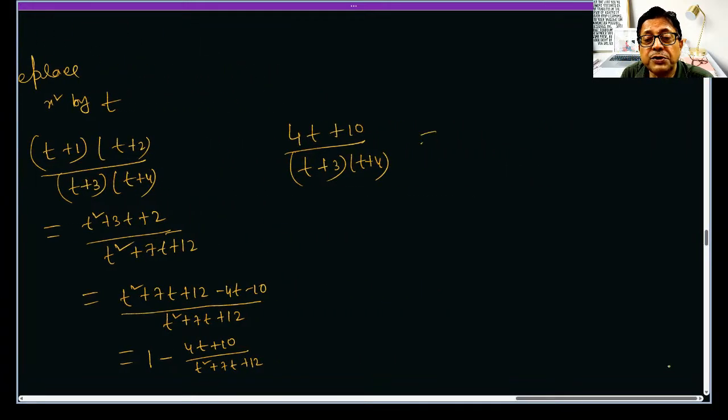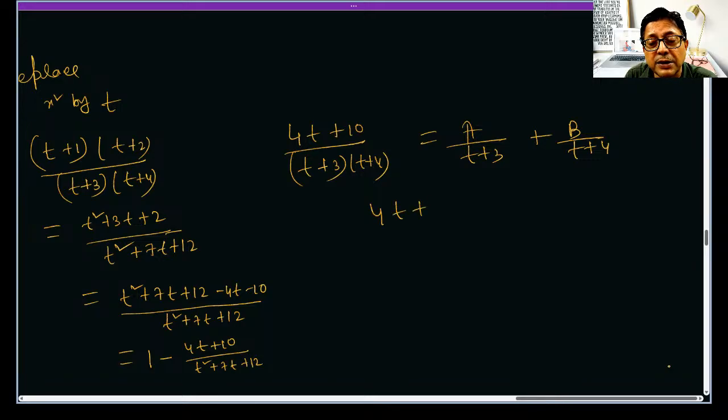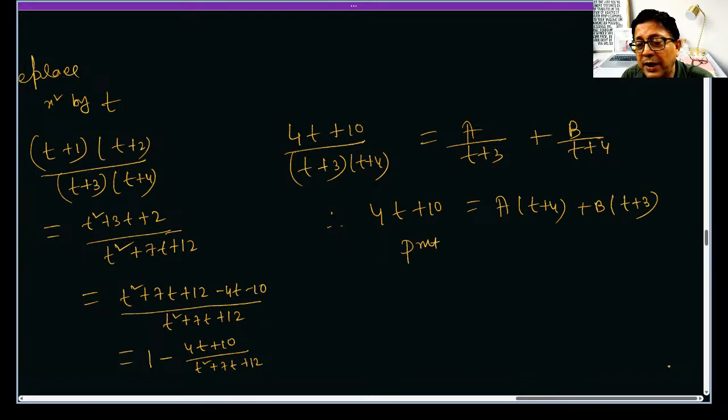So this thing changing to a by t plus 3, b by t plus 4. By partial fraction, cross multiply. So 4t plus 10 equal to a into t plus 4, b into t plus 3. Now get a and b from there.